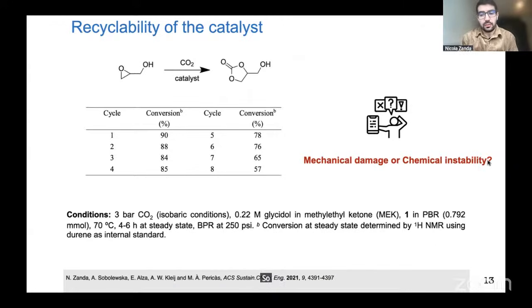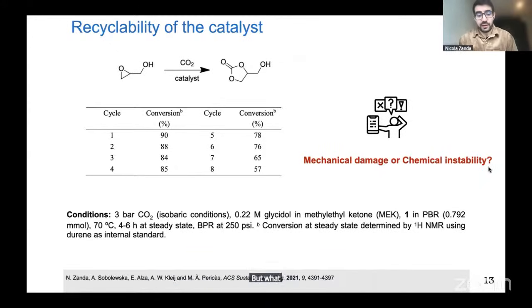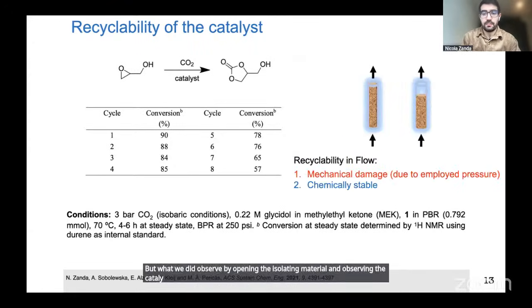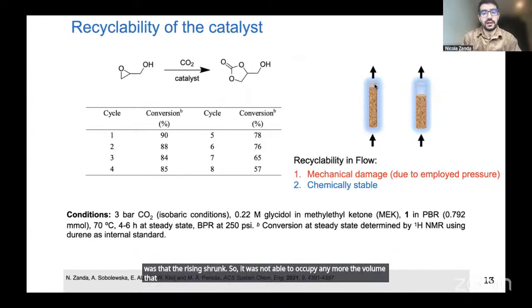So we were glad to observe that by NMR, IR, and elemental analysis, the catalyst was identical to what we previously observed on a fresh batch. But what we did observe by opening the insulating material and observing the catalyst by visual inspection was that the resin shrunk. So it was not able to occupy anymore the volume that it was occupying at the beginning of the reaction.